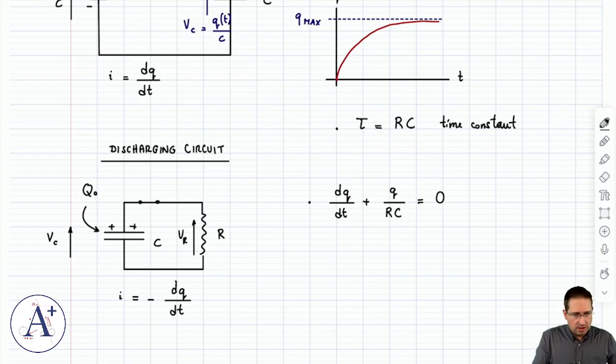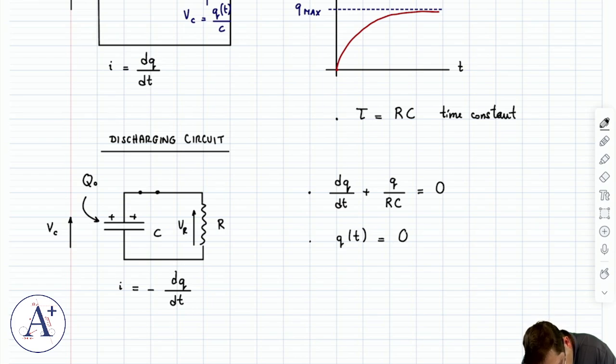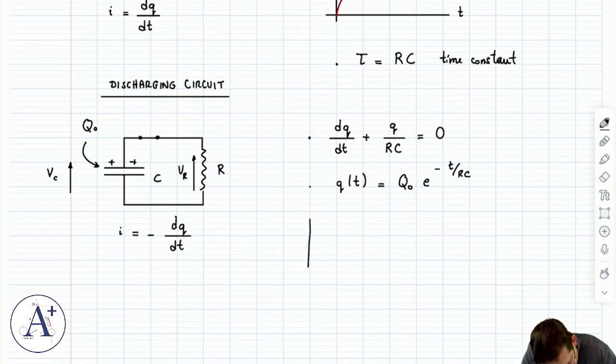And so you put a minus so that the current I represents a positive quantity. And then that changes your solution. Your solution is going to be Q of t equal to Q0 e to the minus t over RC. And so in terms of behavior, it's going to be an exponential drop in charge, Q versus time.